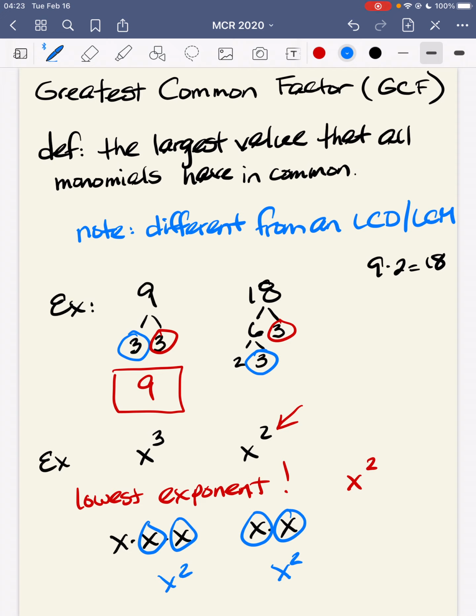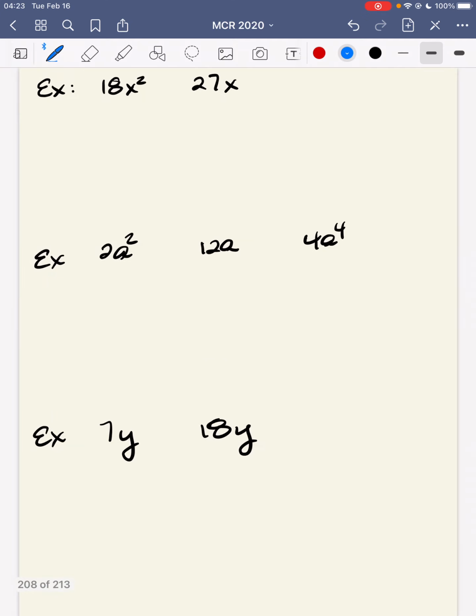So today we're focusing on identifying greatest common factors, not necessarily doing anything more with them than that. I encourage you to try any of these beforehand and then restart the video. I'm going to go through quite a few examples here.